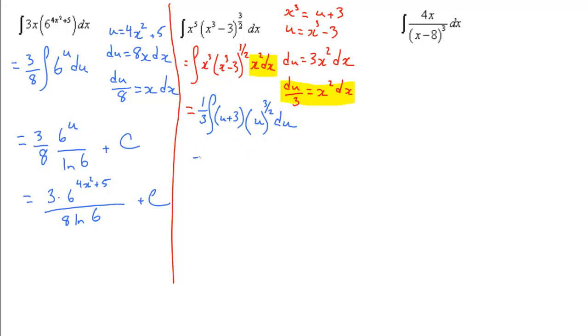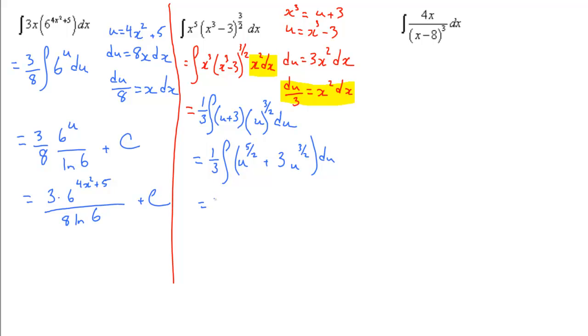Now what makes this easier to solve than this question, you ask? Well, here we had a binomial with a power. Here we have a monomial with a power. So in this case, we can multiply in the u. And that gives us u to the 5 over 2 plus 3u to the 3 over 2 du.